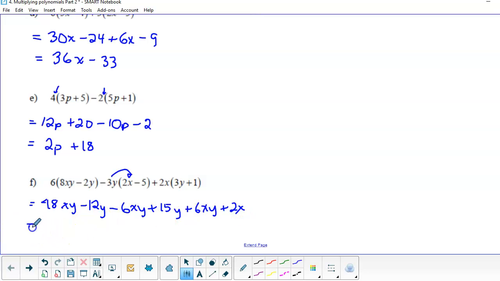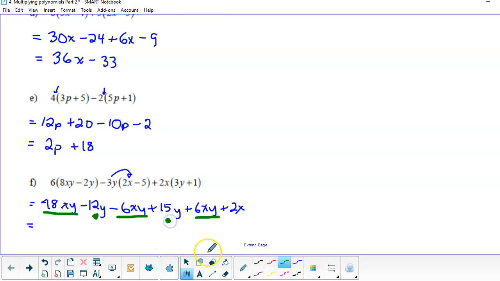And then collect like terms. Oh, actually, no, I've got to erase that. I'll do it in green here. There's a 48xy, negative 6xy, and a 6xy. And then there's an x, just do a circle there.